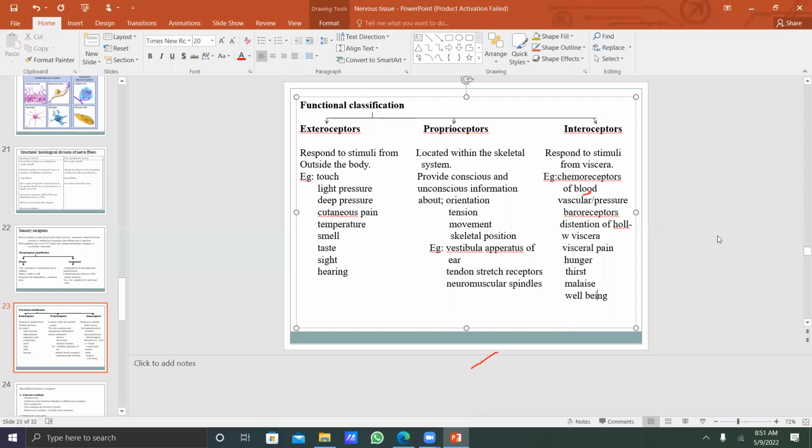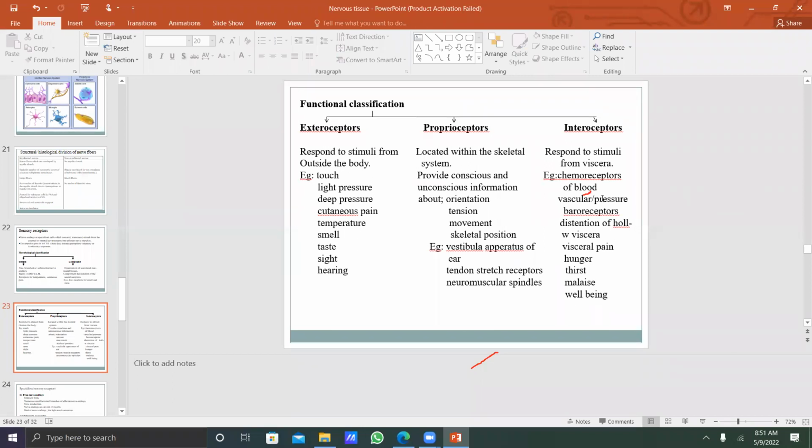These are the examples for interoceptors.